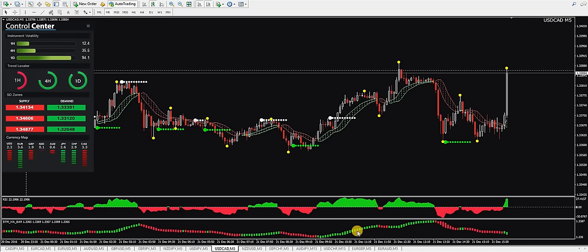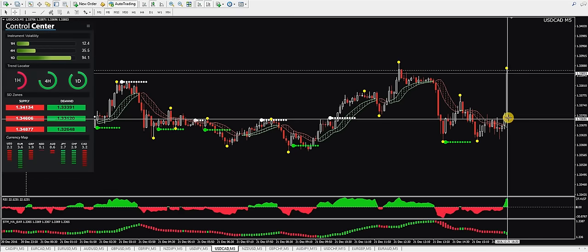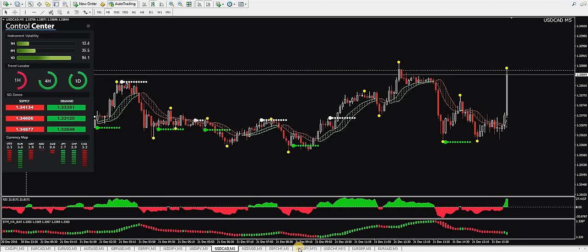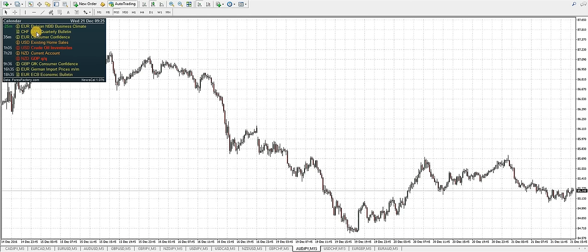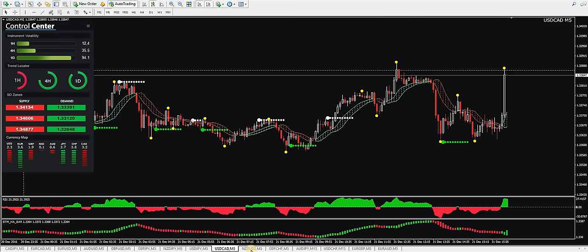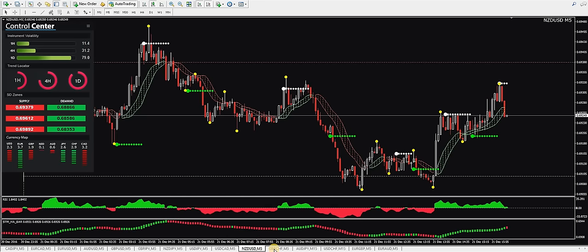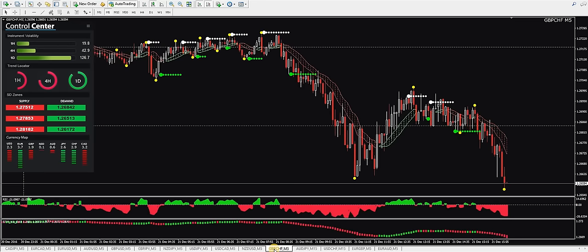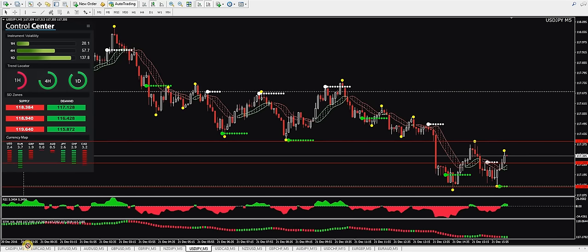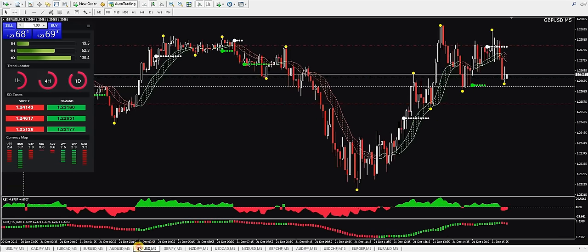Wow, that was a heck of a move on the USD CAD here. We didn't have news, so I'm not sure what caused that spike. All right, let me go ahead and pause it and I'll come back.